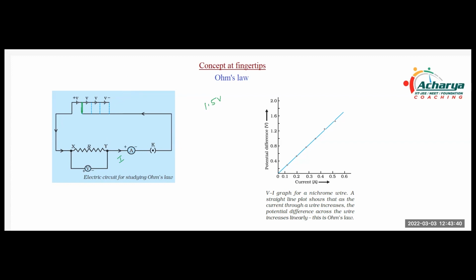Now, after that, we are going to increase the input voltage. For that, we are using a second cell also. So here there is the second cell. Next time when we connect, the effective input voltage will be 1.5 plus 1.5, that is 3 volt.